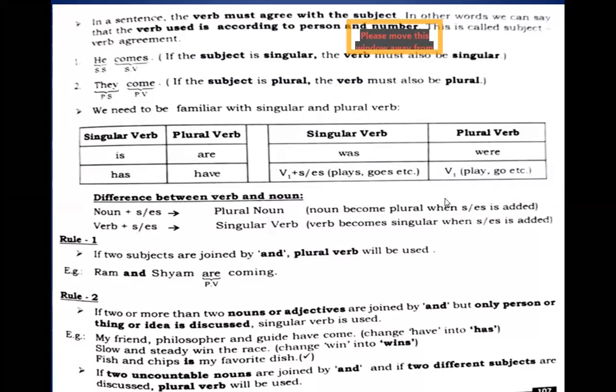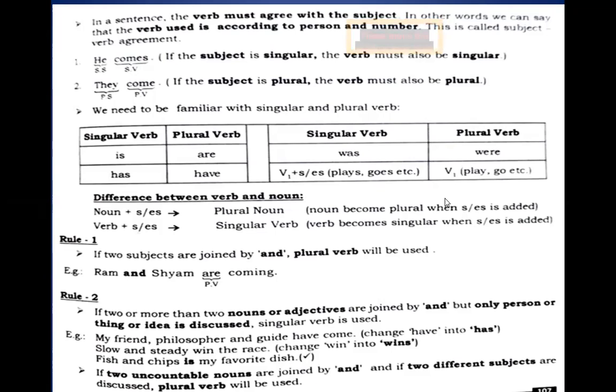If two uncountable nouns are joined by and, now you see the same term is given here. Next we had nouns or adjectives, but now we are going to discuss something about uncountable nouns. When uncountable nouns are joined by and, if two different subjects are discussed, a plural verb will be used.